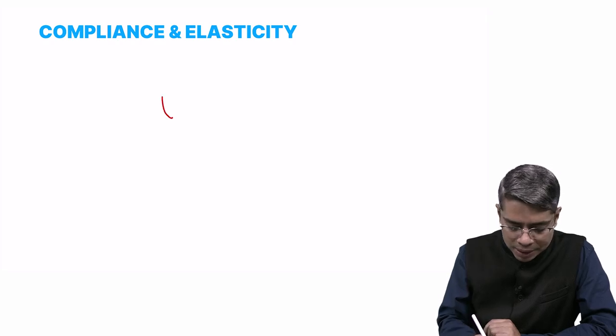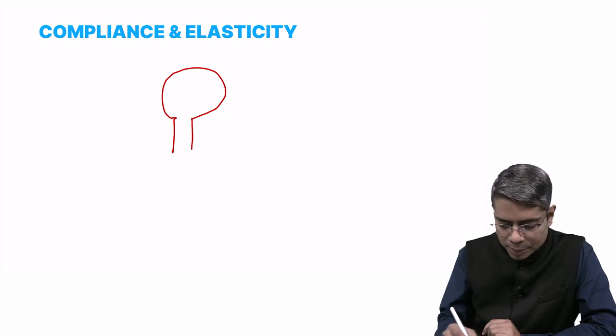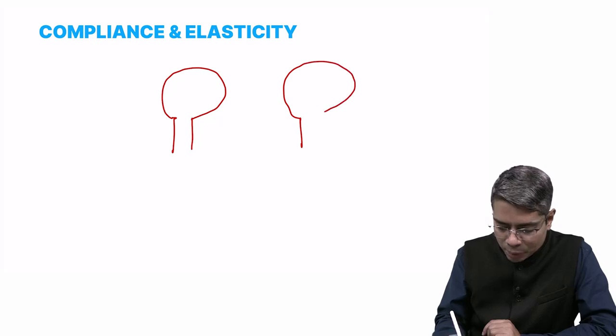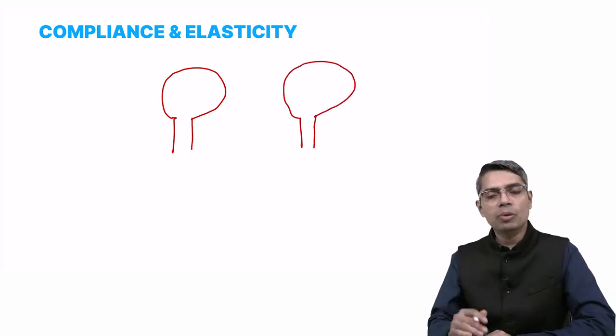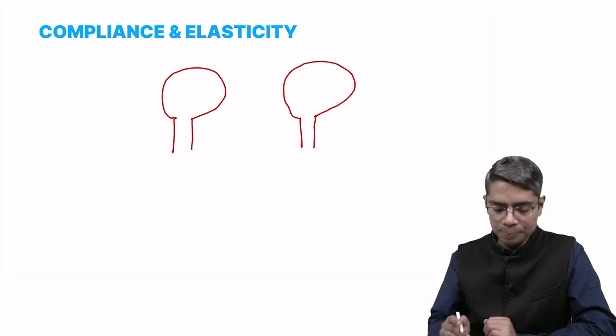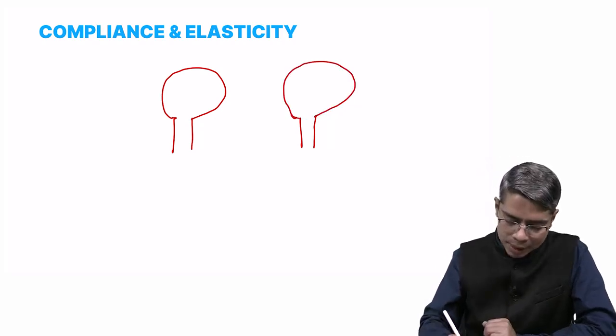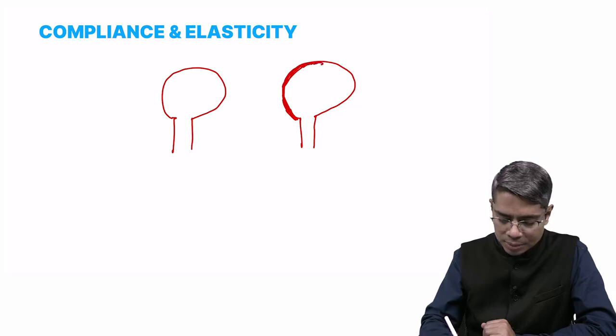Suppose I have given a balloon, this balloon, and I have given you another balloon. Initially, both of these balloons have the same volume, but the wall of the second balloon is a little thicker. So this is a thicker balloon.